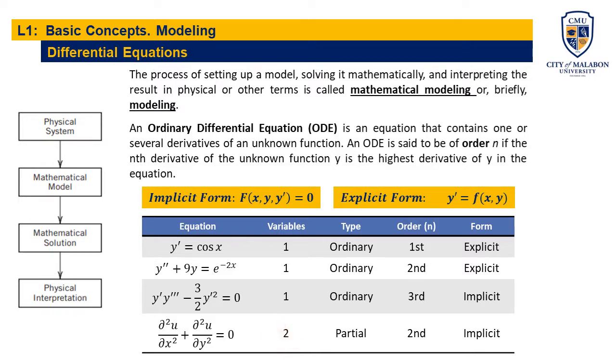This is a partial differential equation, contrasting our ordinary differential equation defined, and it is of the second order, written in the implicit form. I hope this helps you visualize or characterize a certain equation using these examples.